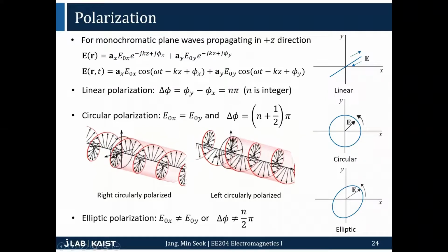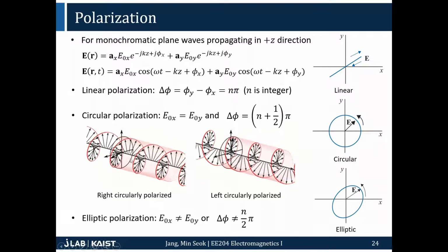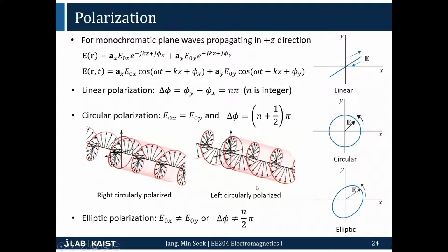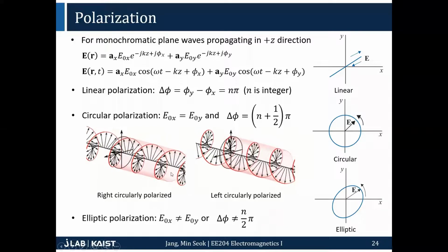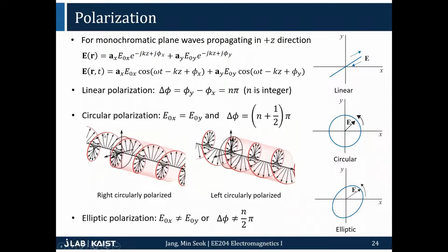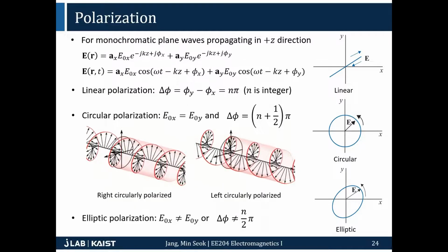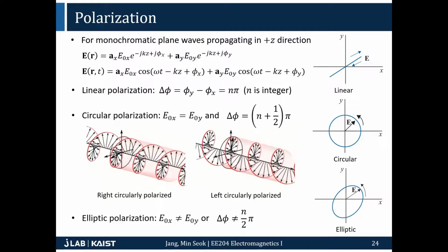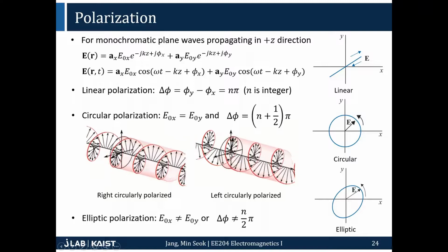And of course, depending on the direction of rotation, we can call this right circularly polarized or left circularly polarized. So here you can see the GIF animations. The direction of propagation is along the Z direction. If the rotation of the electric field satisfies the right-hand rule, it's called right circularly polarized. And if it satisfies the left-hand rule, it's called left circularly polarized.